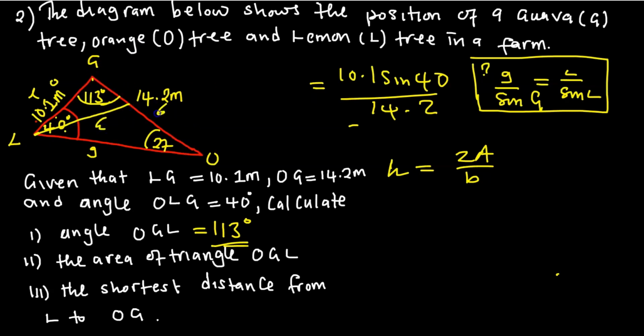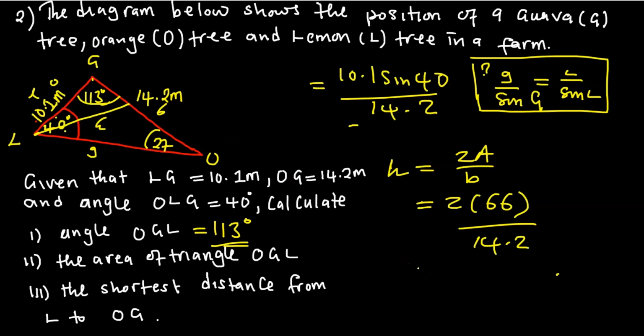OG is B. So equals to 2 area 66 divide, what is our OG? OG is 14.2. Now, if you are to divide this, that is the 2 multiply 66, which is equal to 132, divide 14.2.